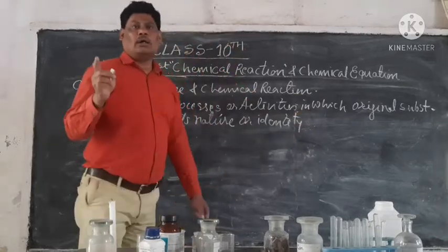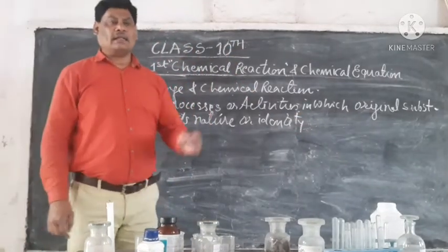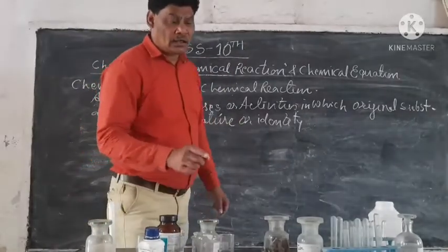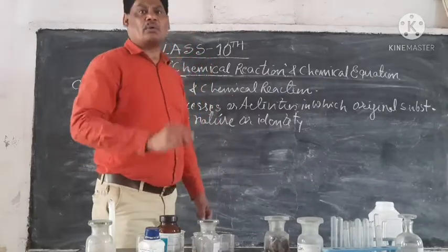Like I told you, pure iron is black brown in color, but when it converts into rust, it becomes red brown in color.